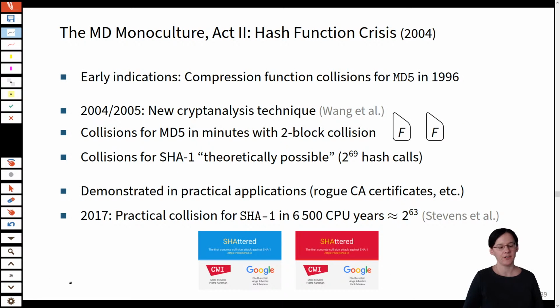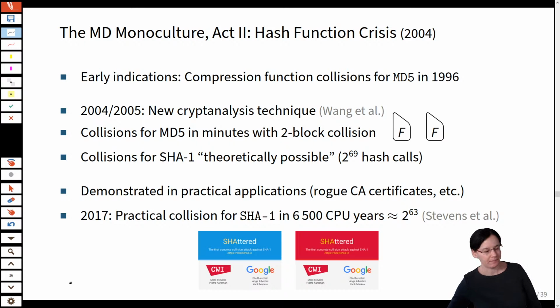And in addition to these general properties, there's also the fact that many of the early designs actually had some security flaws. A very famous example of this is the hash function MD5, where in 2004 and 2005, a Chinese team with Xiaoyun Wang and her colleagues proposed new cryptanalysis techniques, which were also based on differential cryptanalysis.